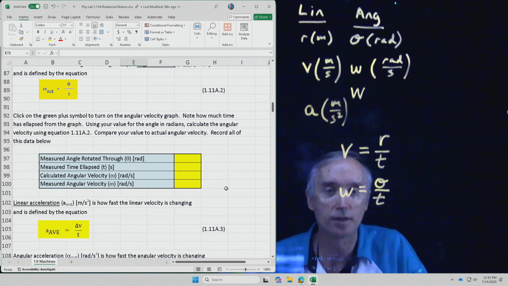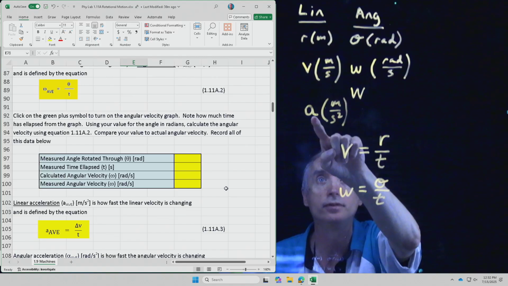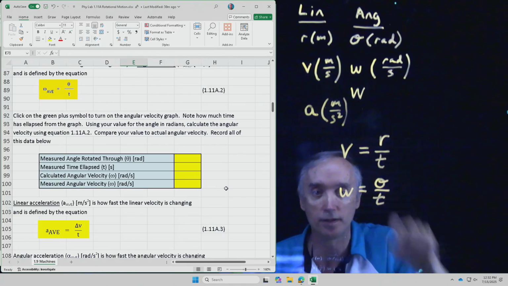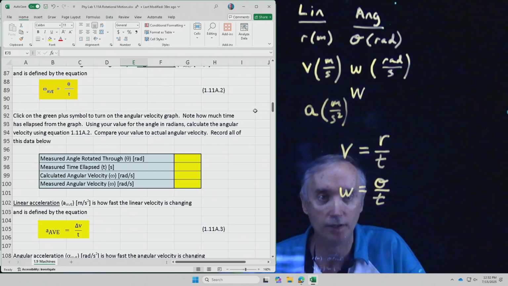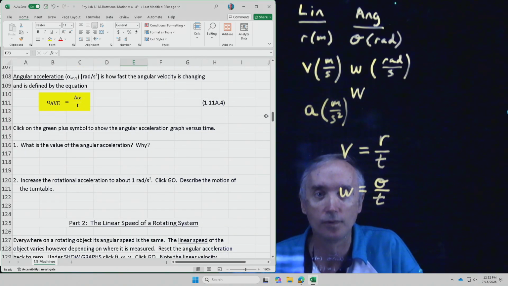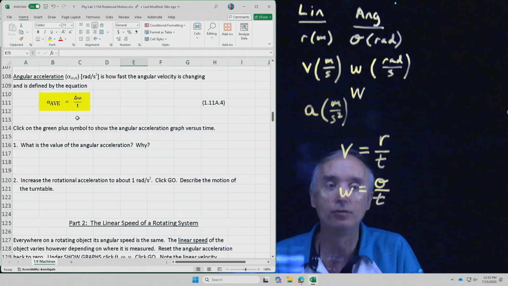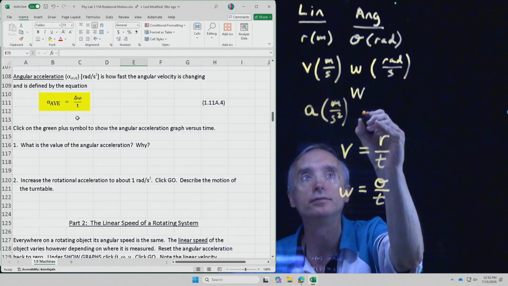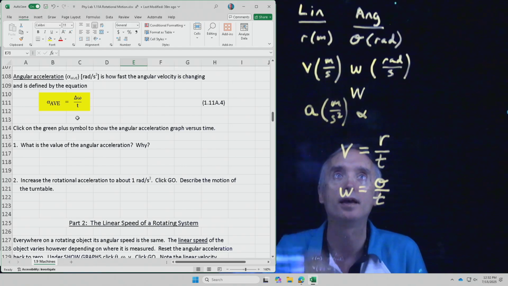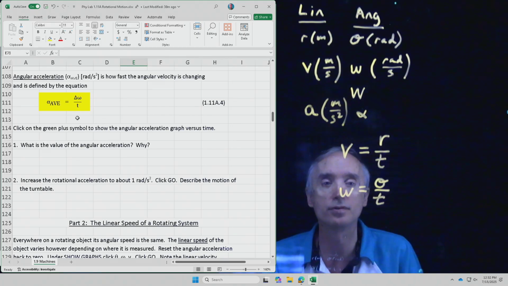So do you figure that they have a version of this for rotational systems? And yes, they do. So if we keep going down, we have alpha. So alpha is the Greek letter A, and it is going to be how fast is the speed changing.